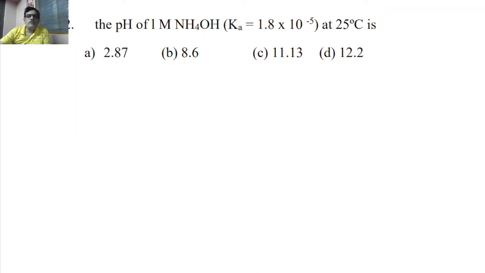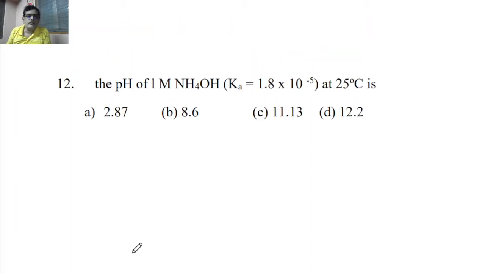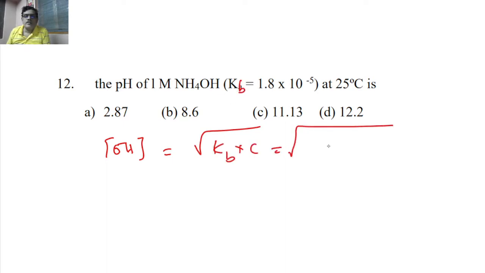Next: pH of 1 molar ammonium hydroxide. We shall apply the same formula. The concentration of OH minus ions here will be square root of Kb into C, square root of 1.8 into 10 to the power of minus 5 into 1.